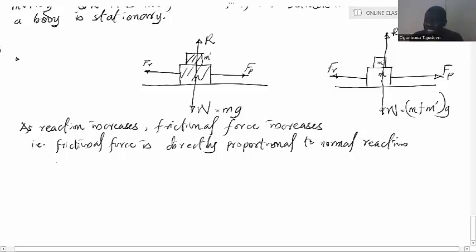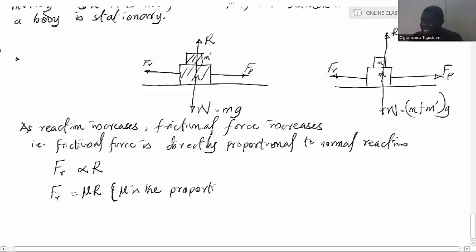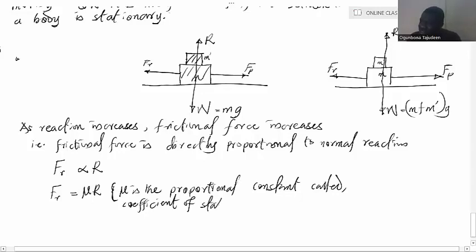That is, what we are saying here is that Fr is proportional to R, and Fr is equal to mu R, where that mu, the proportionality constant, is called the coefficient of limiting or static friction.